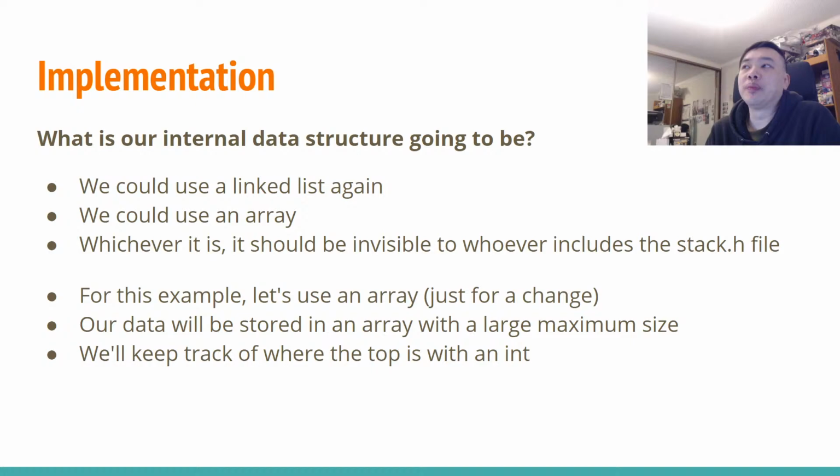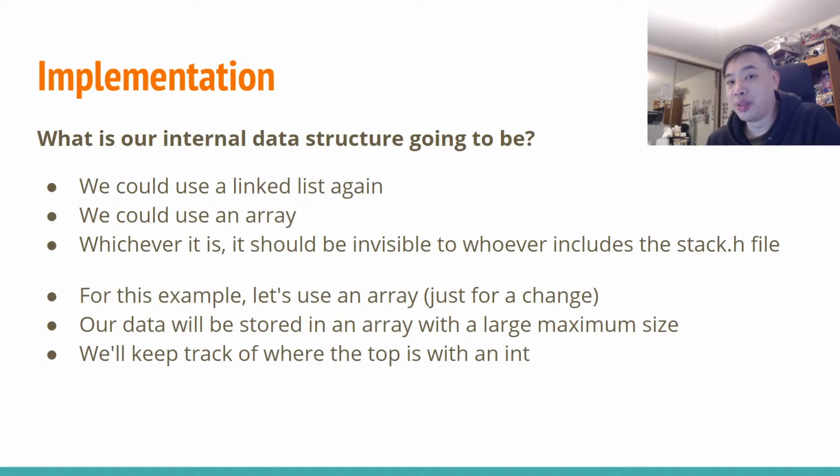Now for the moment, this is kind of a choice between two, because I've only taught you two ways of organizing collections of data at the moment. When I'm talking about sort of unending collections of identical data, which is kind of what stacks and queues are, not necessarily unending, but a linked list could be considered to be something that just doesn't end until you run out of memory. So we could use a linked list, or we could use an array.